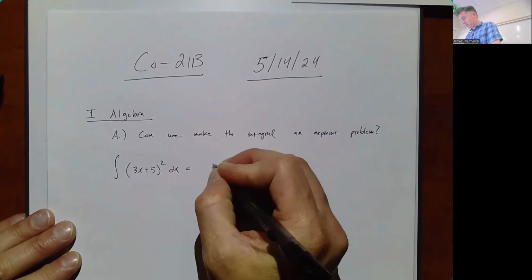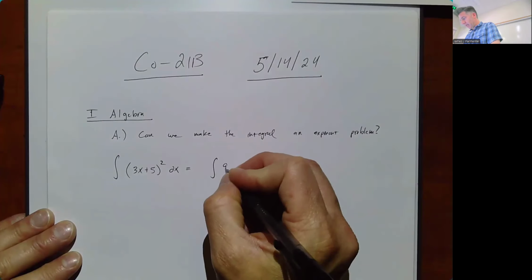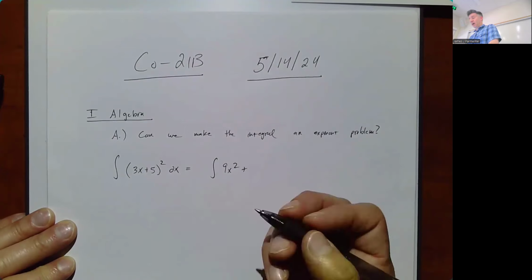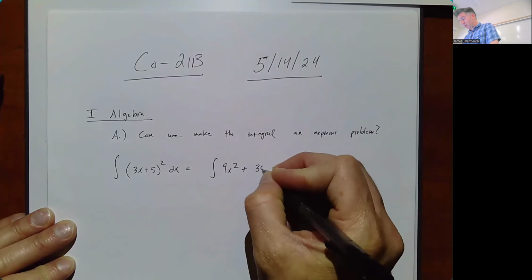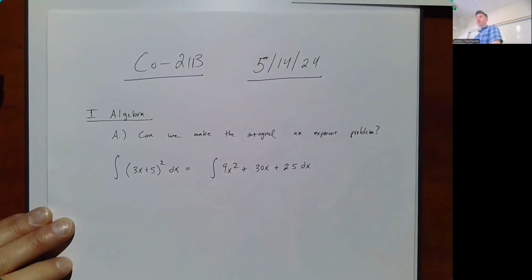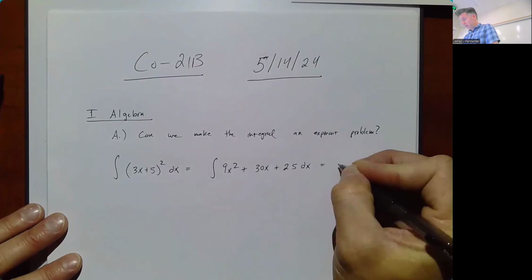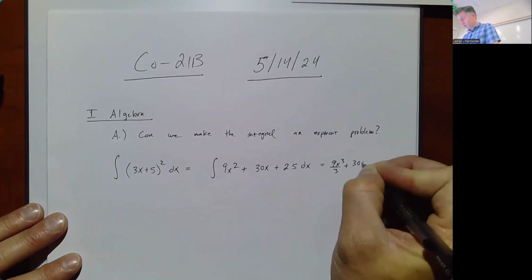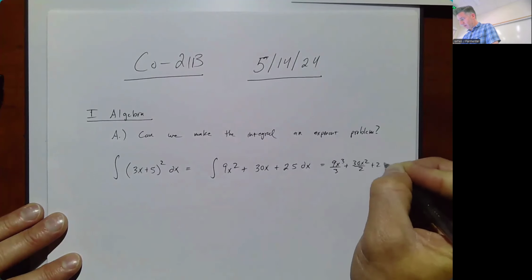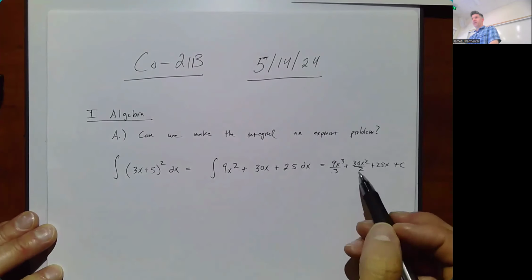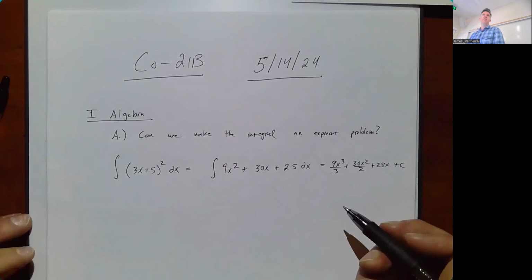We can write this as the integral of 9x squared plus 2 times 3x times 5, which is 30x, plus 5 squared. And then we can anti-differentiate that. We get 9x cubed over 3 plus 30x squared over 2 plus 25x plus C. And yeah, we could simplify that. That's 3x cubed, that's 15x squared, but it's fine.